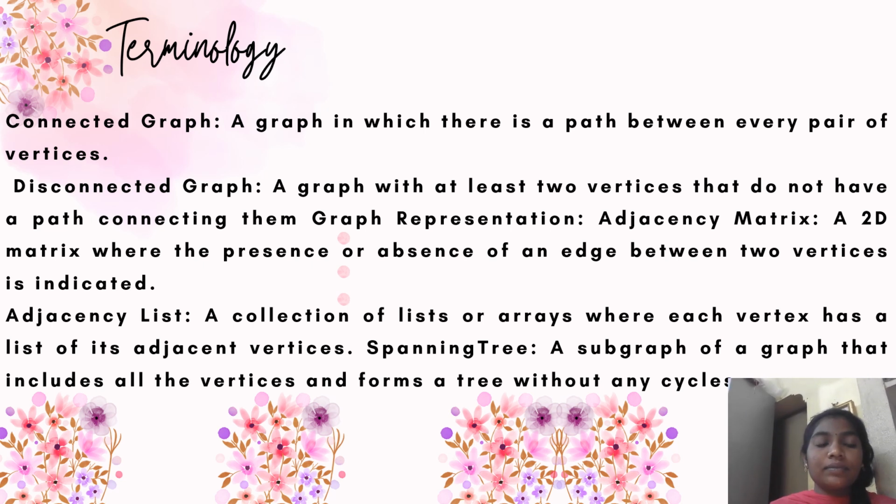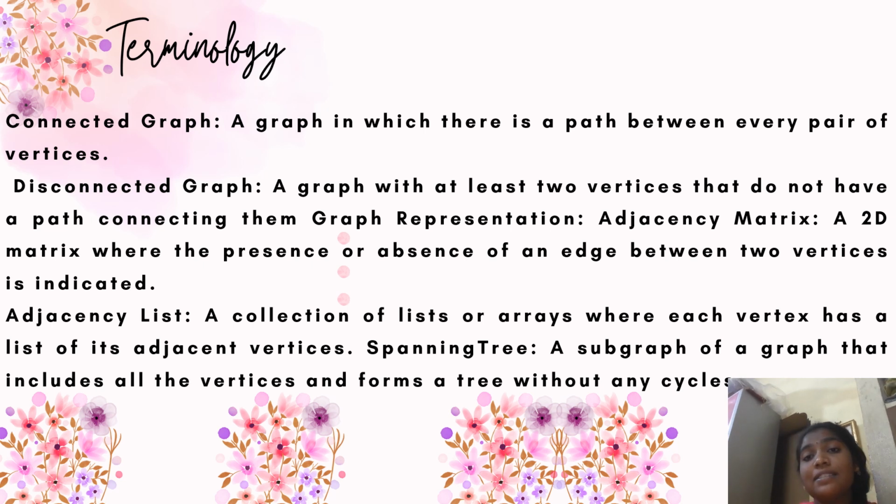It means a directed graph is one where all the edges have a direction. Let us consider the vertices v1, v2, v3 and v4, and V equals {v1, v2, v3, v4}.